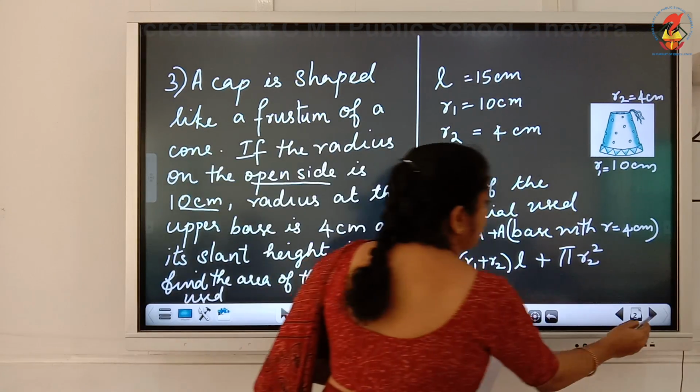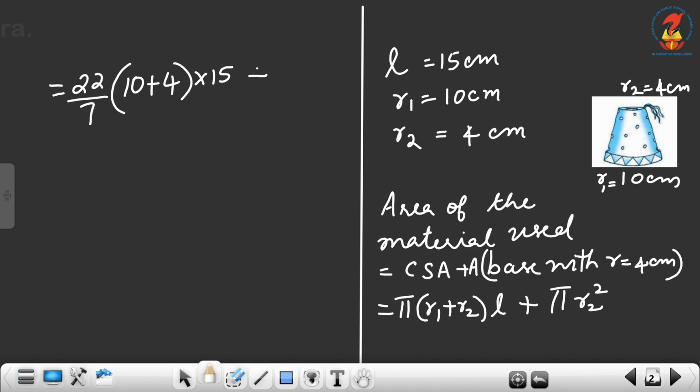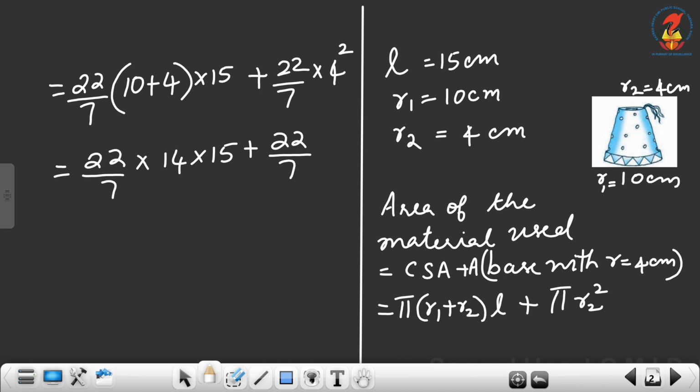So we have to substitute the values. Pi is given as 22 by 7. 22 by 7 into what is R1? 10. 10 plus 4 into 15 plus 22 by 7 into 4 square, which is equal to 22 by 7 into 14 into 15 plus 22 by 7 into 16.